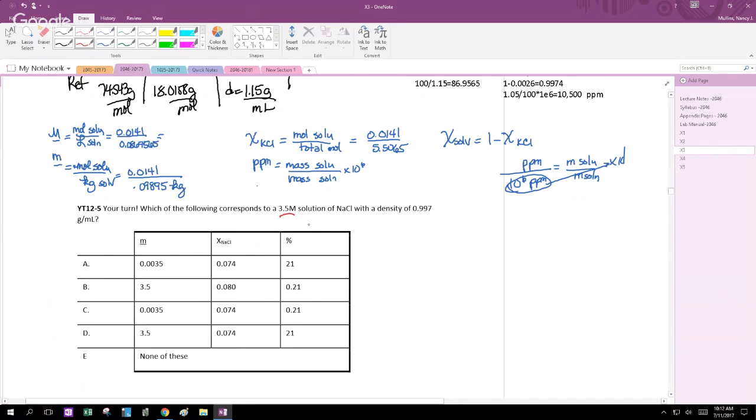We got 3.5 molar. We have a density of 0.997. We got sodium chloride, which is 58.44 to save us some time. We got water, presumably 18.0158. We've got our solution with a density of 0.997.